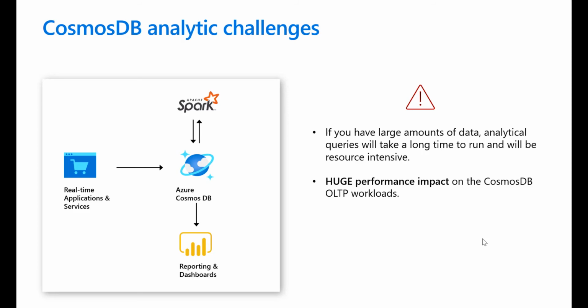But if you try to run analytics or reporting on Cosmos DB, and if you have a large amount of data, analytical queries will take a long time to run and will be resource intensive. Running something like Power BI reporting or Apache Spark directly on Cosmos DB storage might cause a huge performance impact on the Cosmos DB OLTP workload.